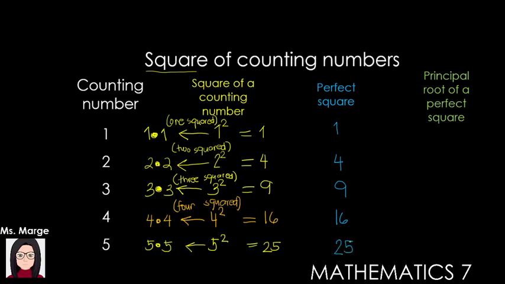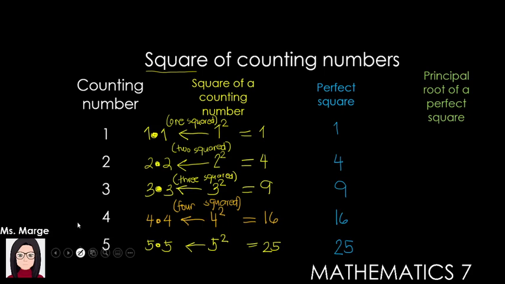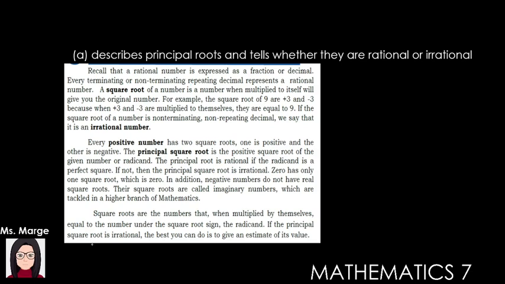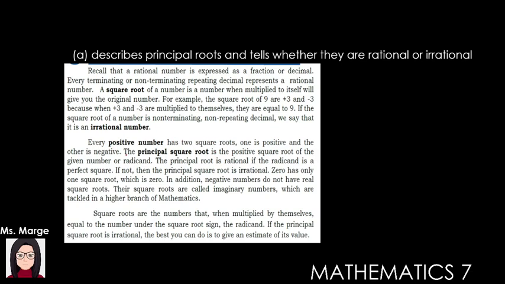Okay? Principal root of a perfect square. Pag kinuha natin yung principal root ng perfect square, ang lalabas dyan, I guarantee you, is rational numbers. Hindi yan magiging non-terminating, non-repeating decimal. Puro whole numbers po yan. Pag sinabi natin principal root, ang principal root is the positive square root of the given number or radicand.